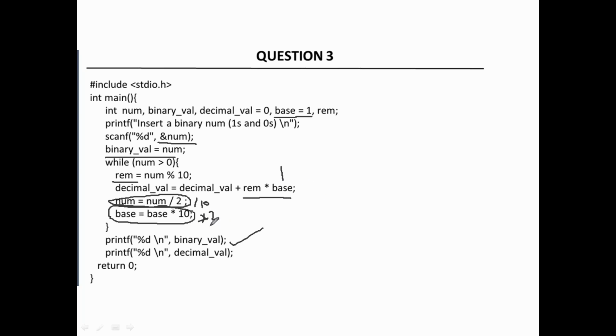Next, multiplying 1 with 2, what do you get? 2. Next you'll get 4. Next, 8. You'll get 8 4 2 1. So you'll get the remainder values, right?